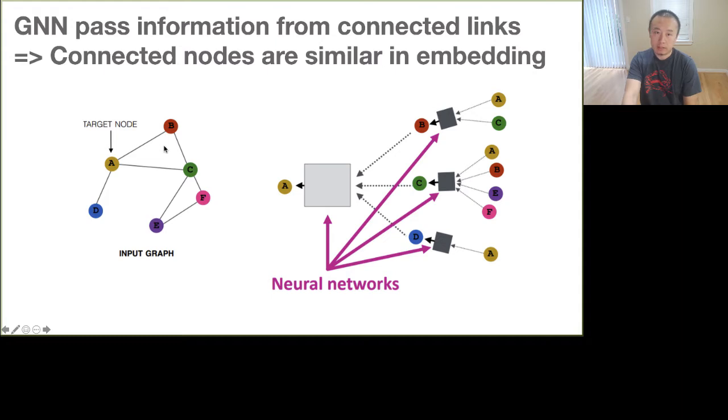Broadly speaking, to apply a graph neural network, the key idea is to aggregate information from each node's neighbors. For example, for node B you can aggregate information from A and C using a neural network, and similarly C can aggregate information from A, B, E, and F, and those aggregation functions are modeled with a neural network.